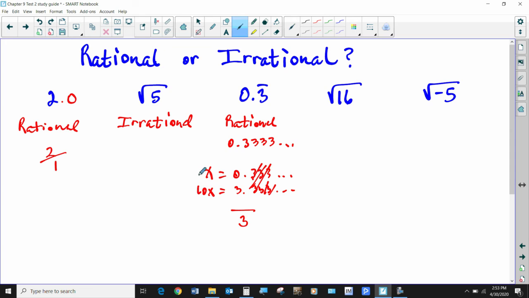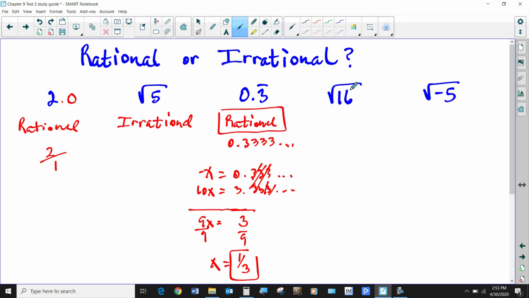And 1x taken away from 10x is 9x. So 9x is equal to 3, and when you divide each side by 9, you get x is equal to 3/9 or 1/3. So once again, we're proving it's rational because we can show that it can be represented as a fraction with integers in the numerator and denominator.